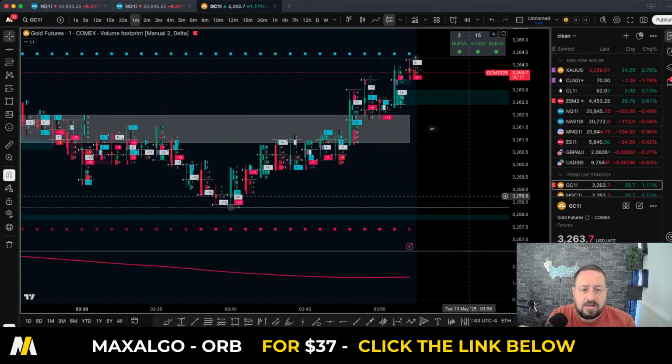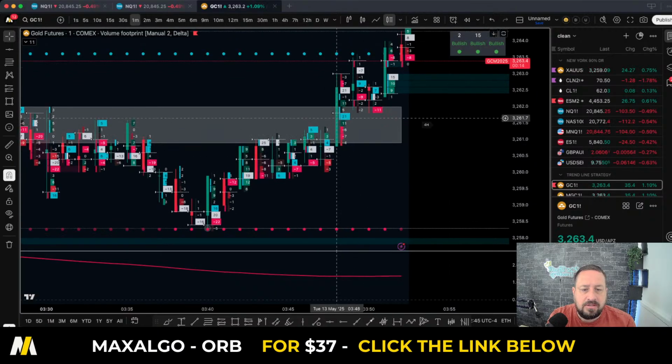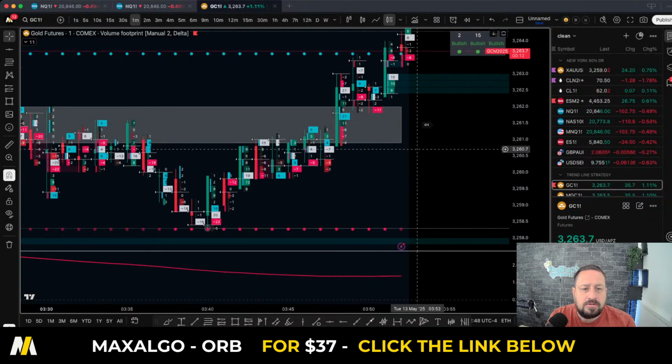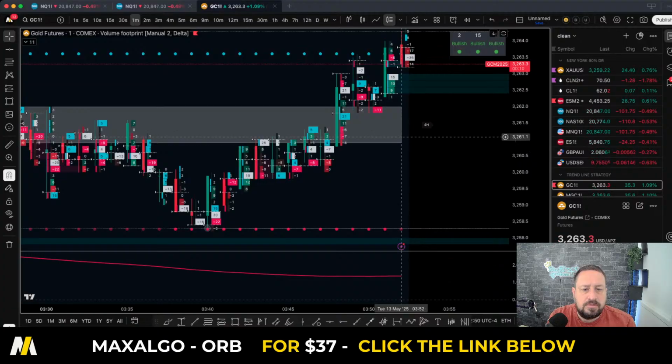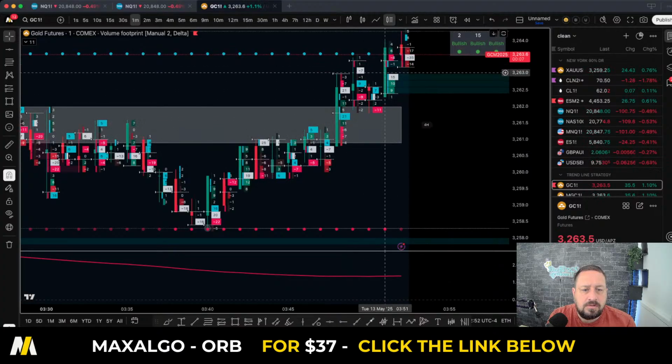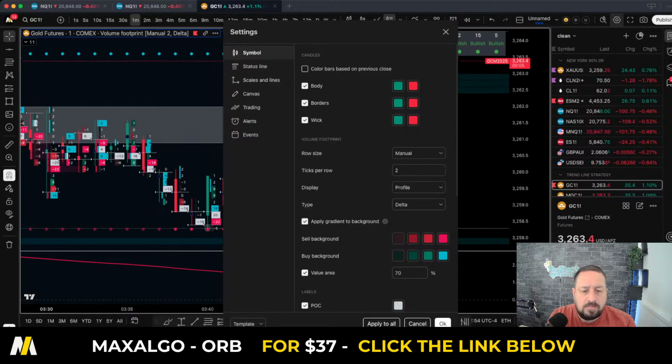So gold ticks are obviously a lot bigger than NQs, so we can make it one tick.